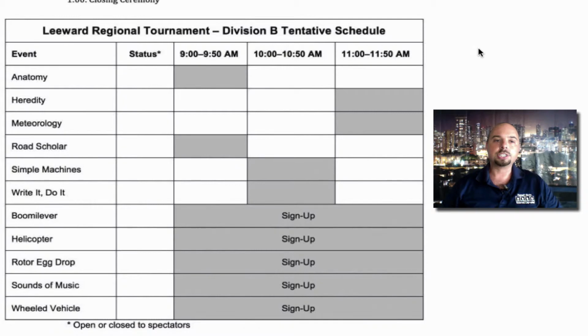Now, as I mentioned, some of the events are sign-up or what are known as self-schedule events. And as you can see, they go all 3 time blocks, and students can sign up for any time that they want as long as it doesn't interfere with another event that they are participating in.